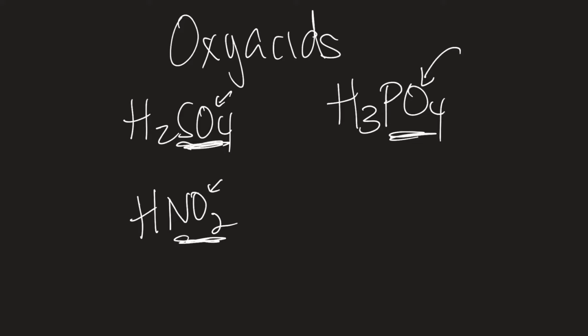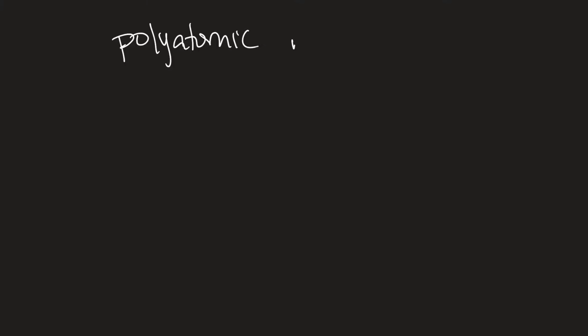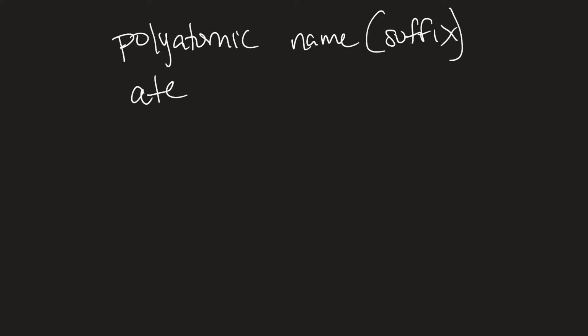So now let's talk about the general rules of naming oxyacids. It's basically like this. It's all about the polyatomic. If the polyatomic name or suffix ends with ate, like nitrate, chlorate, sulfate, phosphate, you will change it to ic acid, if it's an acid.